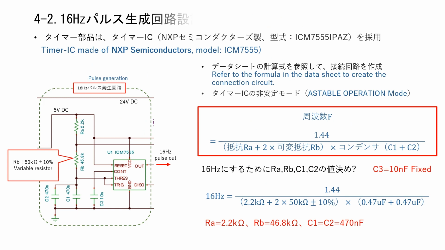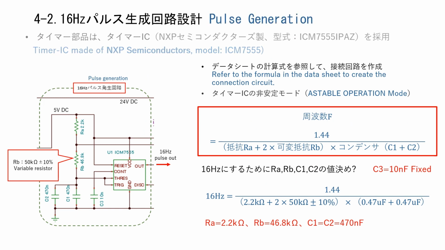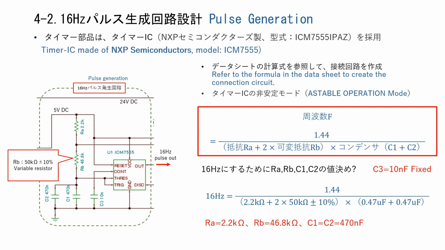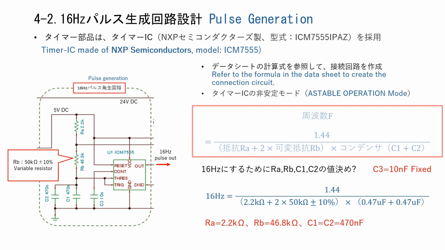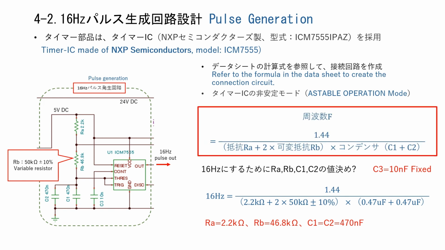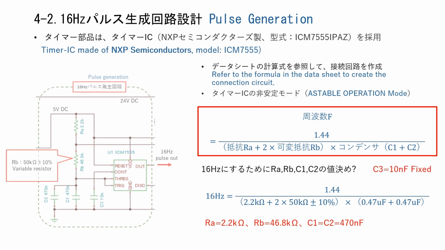4-2, 16 Hz pulse generation circuit design. Timer IC made by NXP Semiconductors, model ICM7555. Refer to the formula in the data sheet to create the connection circuit. Astable operation mode is used. It is the calculation formula in the red frame. In order to achieve 16 Hz, RA, RB, C1, and C2 are determined.